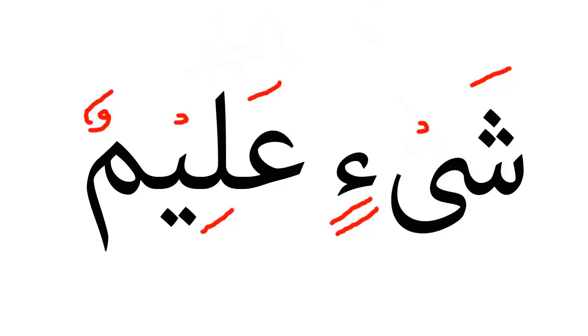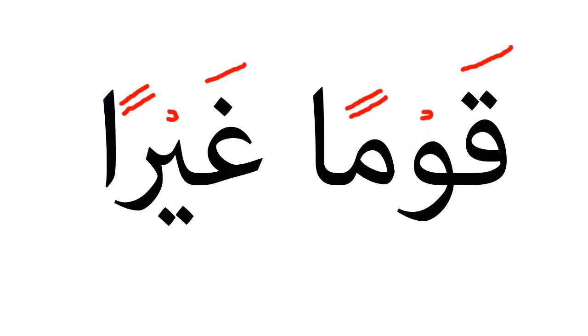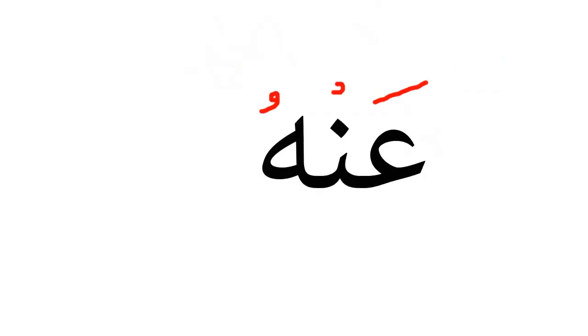Again on the hamza, there's a tanween this time. Ain from the throat, so we read it clearly. Nuhan hadayna. There's a tanween on the ha and the ha from the throat after it, so we read it clearly. قوما غيرا. You have a tanween on the meem and a ghain from the throat, read it clearly. Anhu. So noon, sakin, and there's a ha from the throat after it.